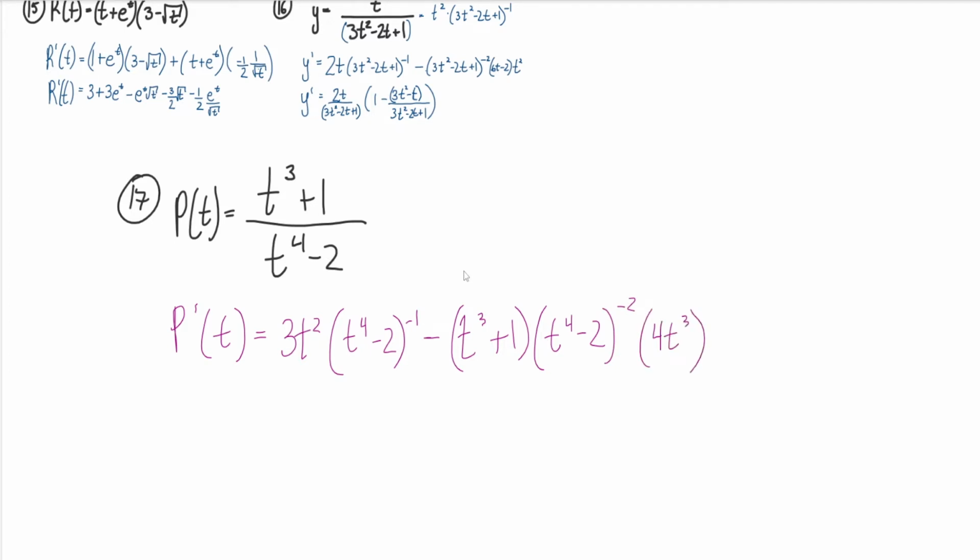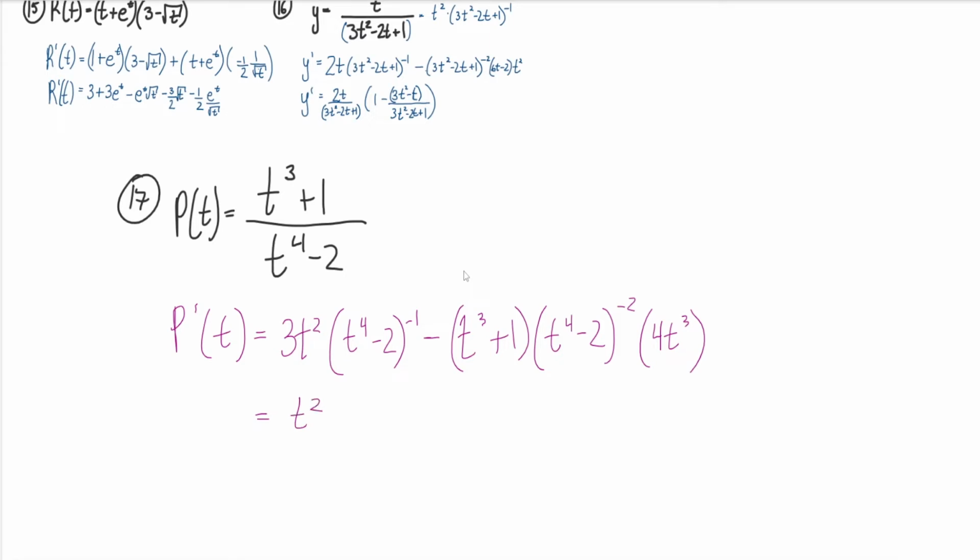Boom, right? So that's the derivative of the outside. This negative comes from that -1, and that -2 comes from reducing that, right? So what's the highest power of t we can take out? I think we can take out t squared. We can take out basically this whole term here except for the 3, right?